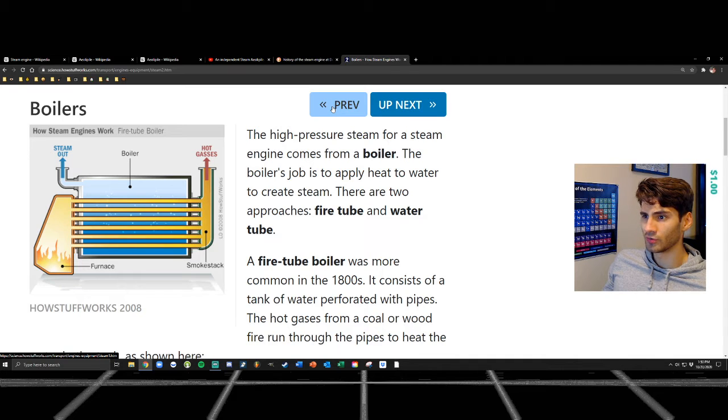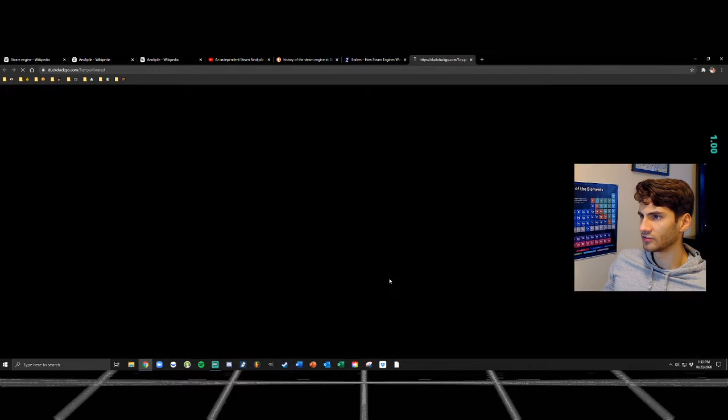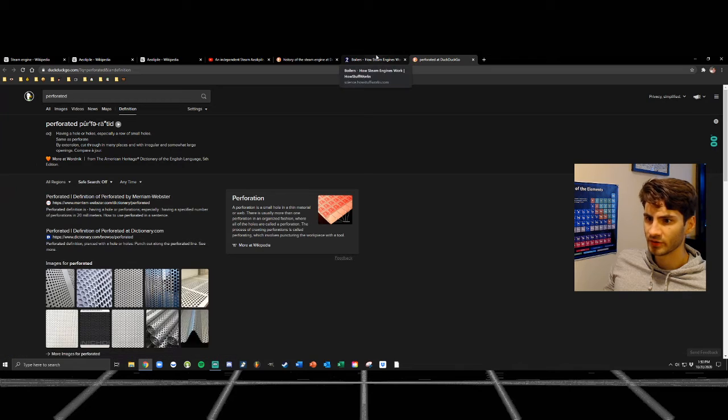So, smokestack, hot gases. How steam engines work. Fire tube boiler. What is a fire tube boiler? It was more common in the 1800s. It consists of a tank of water perforated. Let's just check out what that means real quick. Perforation is a small hole in a thin material or web. There's usually more than one perforation in an organized fashion, where all of the holes are called a perforation.